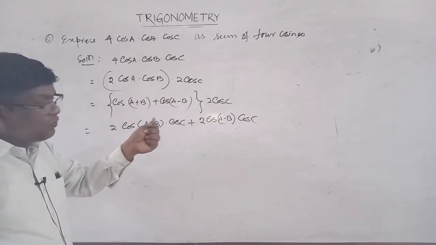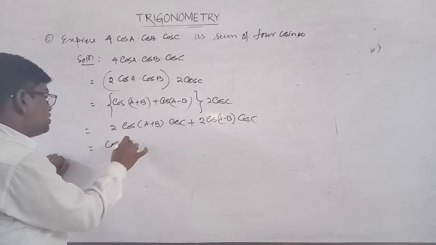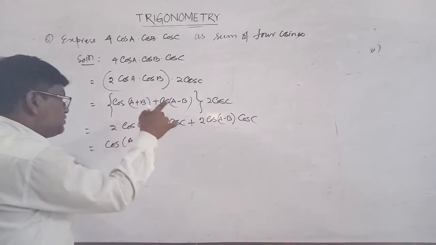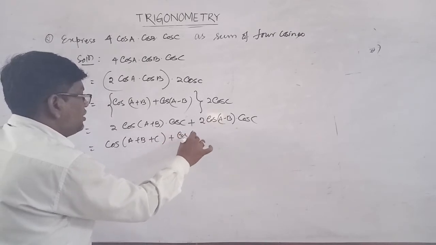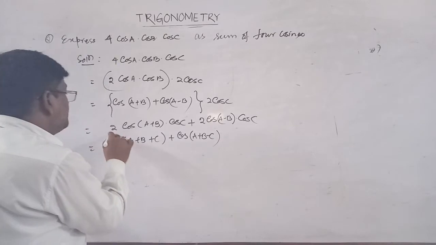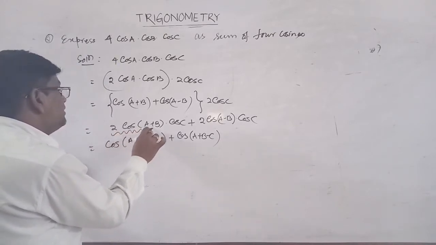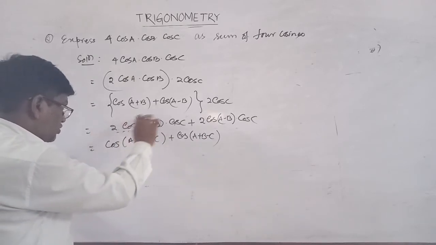2 cos A into cos B, that is cos of A plus B plus C, plus cos of A plus B minus C. Now this term is completed.